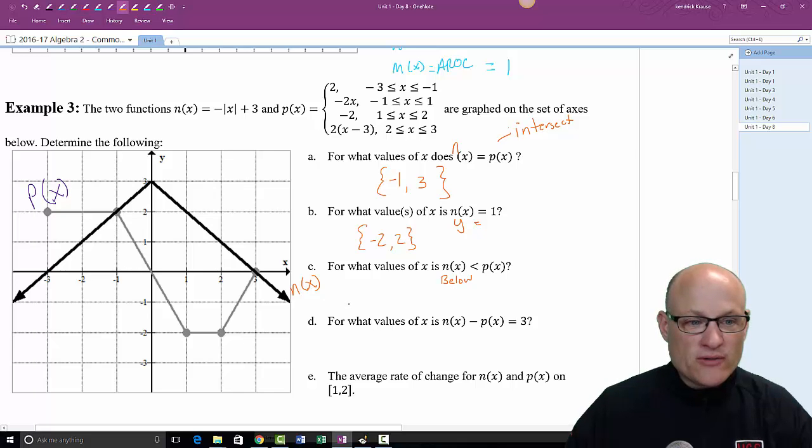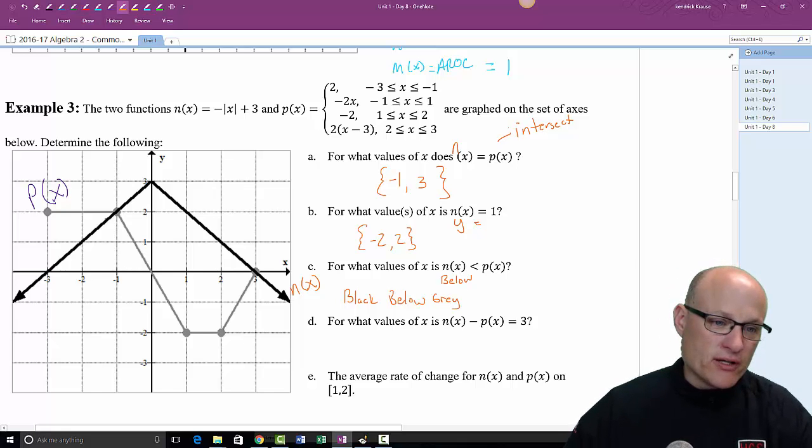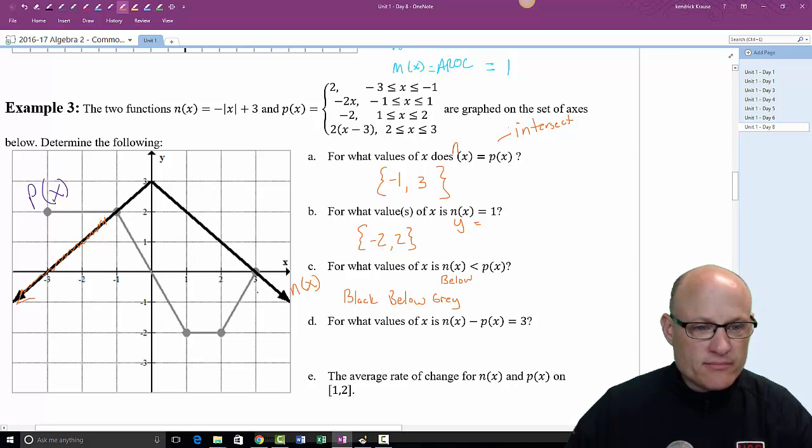So what we're looking for is when is black below gray. Do you see it's below gray here? And it's also, wait, that's it. That's the only time it's below gray.